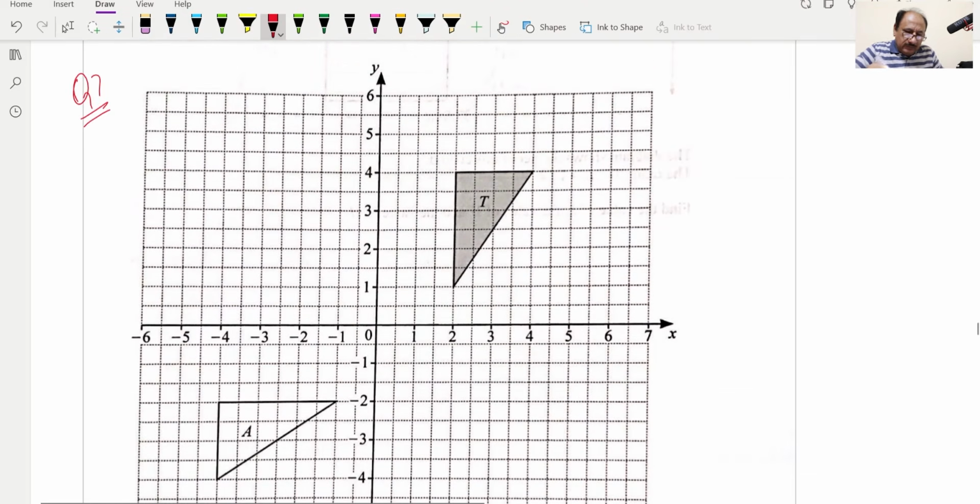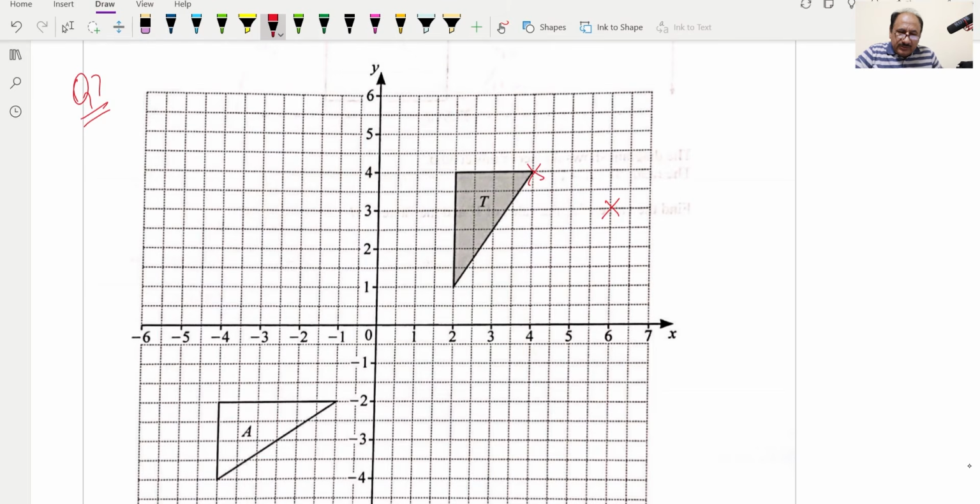So check the units. These two boxes are 1 unit. So 2 units right, and 2 units right and 1 unit down will be this one. So we will reach over here.